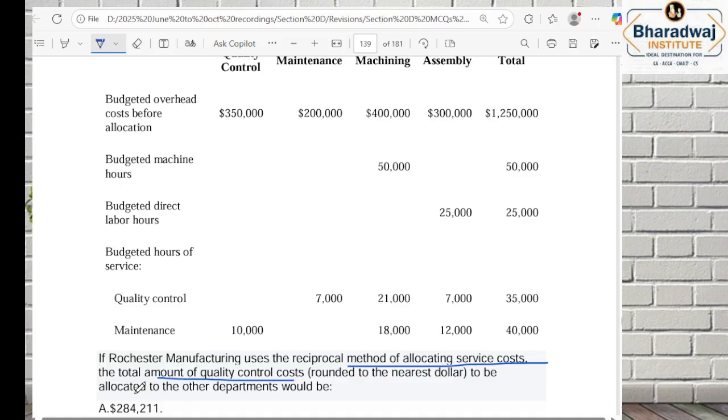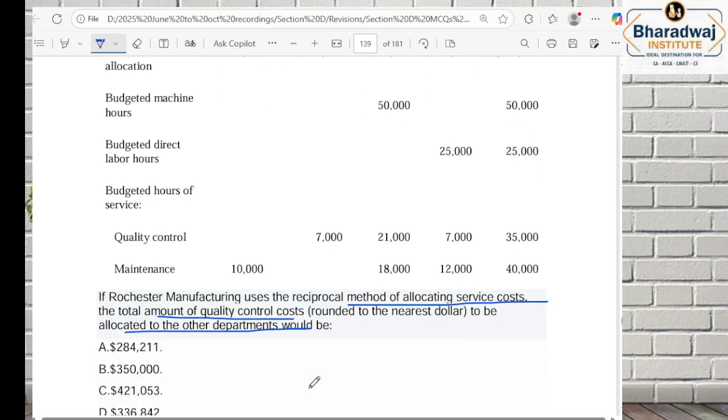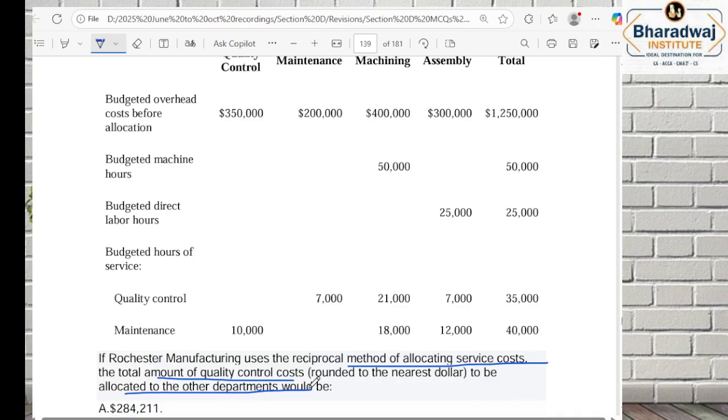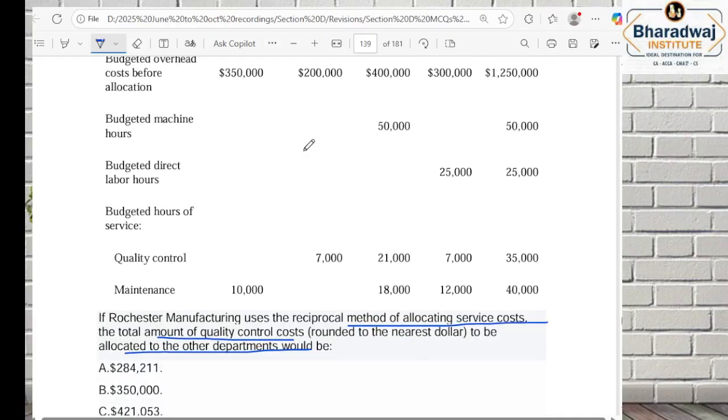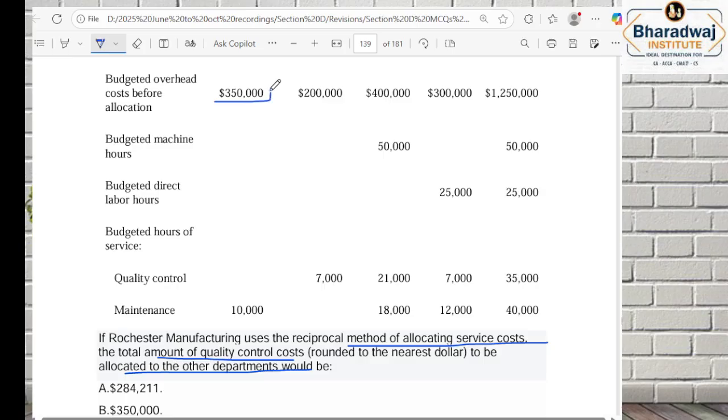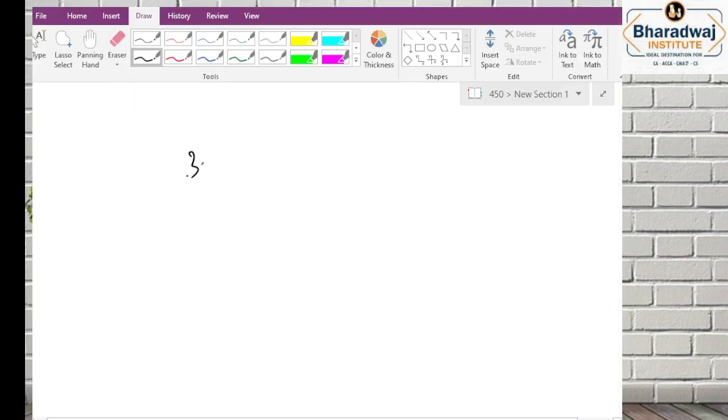Options. Try. Form the equation and find out the value of quality control cost. Taking Q and M, Q is equal to 3,50,000 plus 1 by 4 of maintenance. 1 by 4 means 0.25 of maintenance.